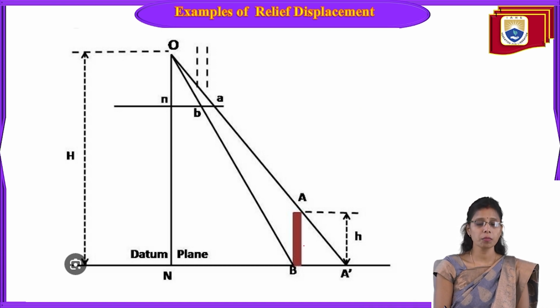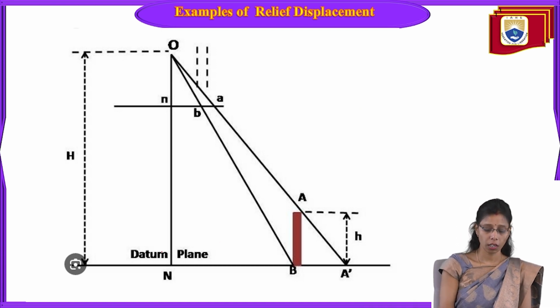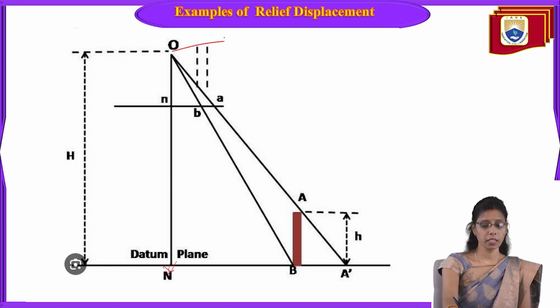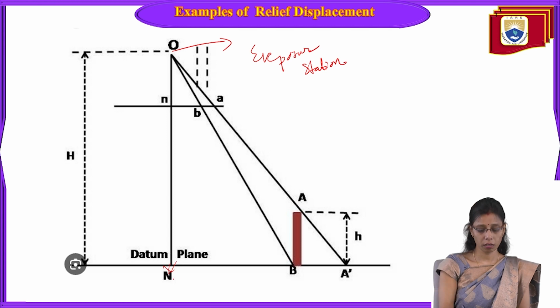So here is one more example. Like we have a datum plane here. I hope you remember this nadir point. So this is your exposure station, and this is your nadir point. Nadir point is what?